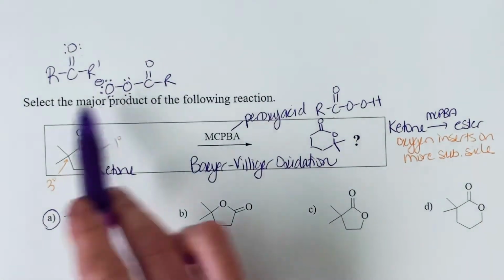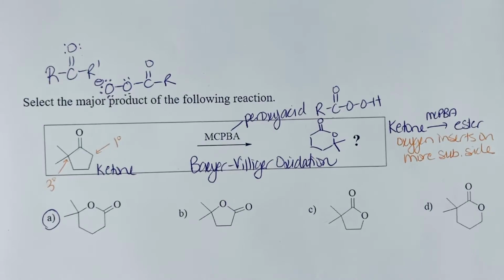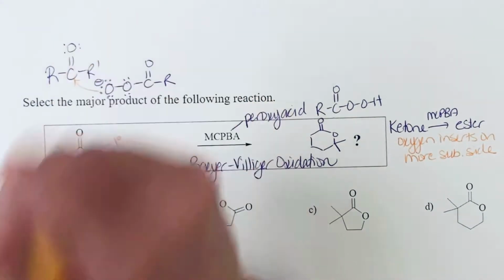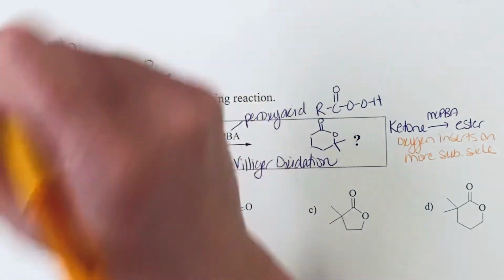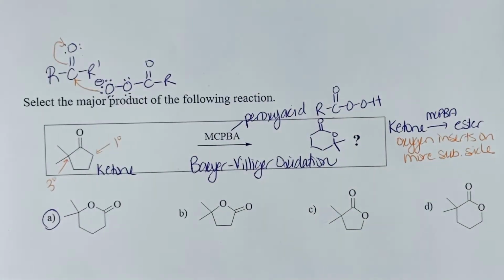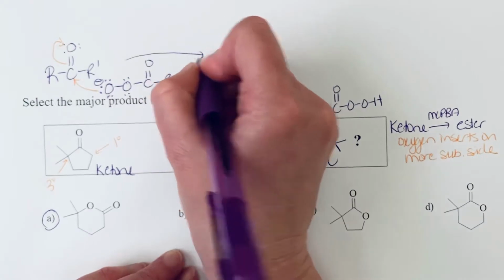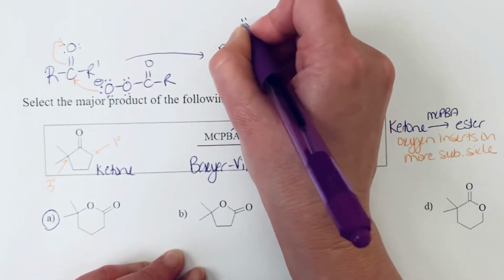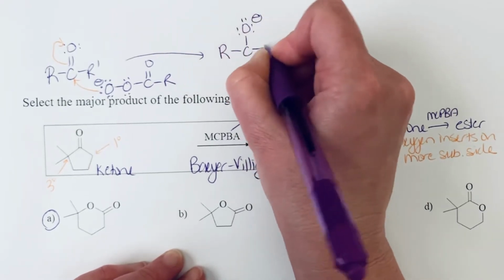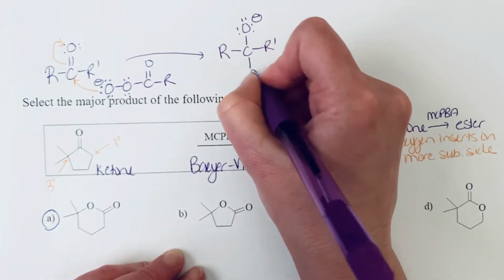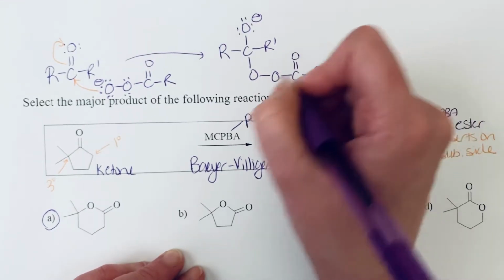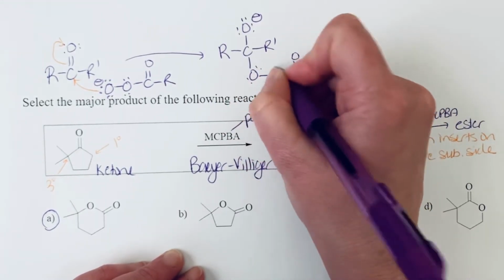So this can attack the ketone, and this attack should look familiar. We're very used to doing nucleophilic attacks on carbonyls. So it's going to attack, and we're going to break the pi bond to get a tetrahedral intermediate.